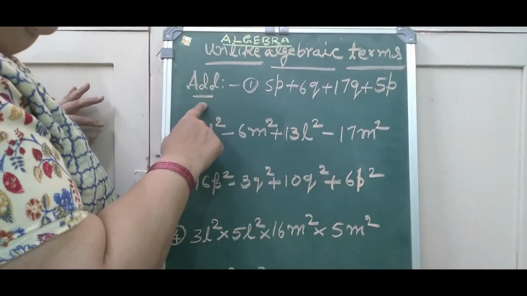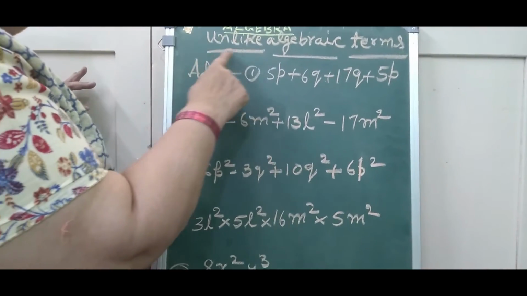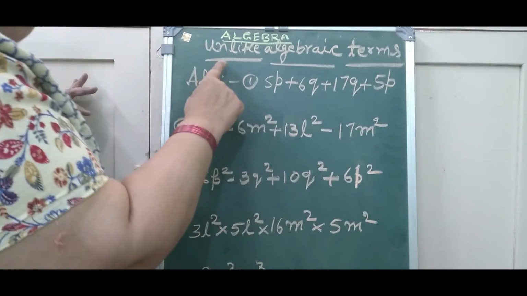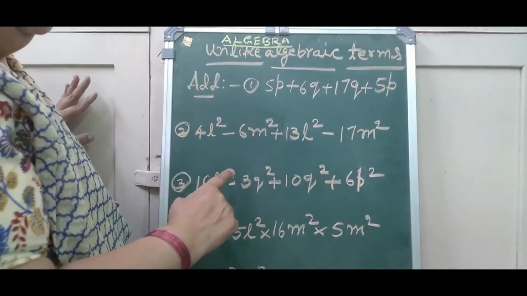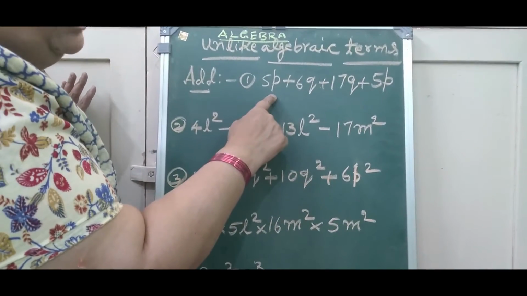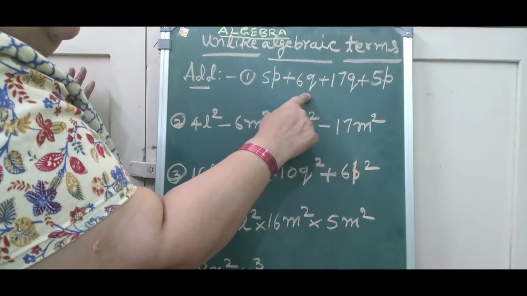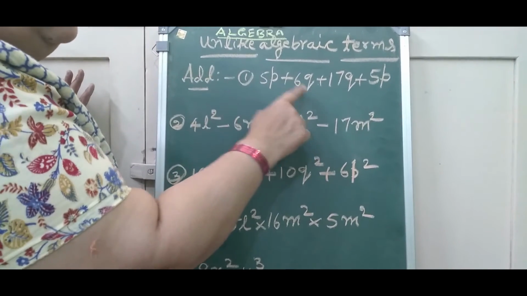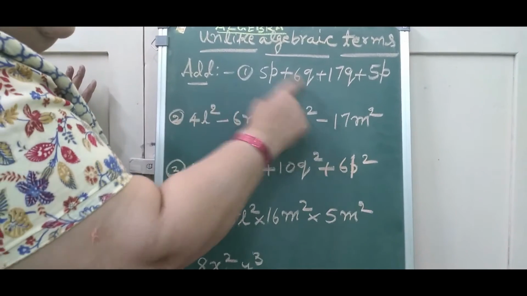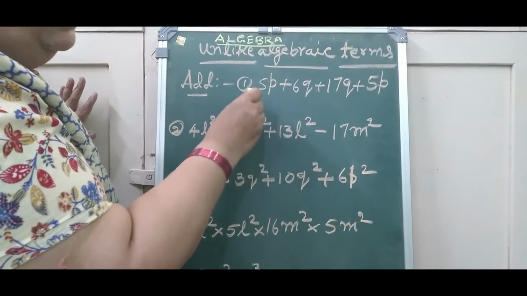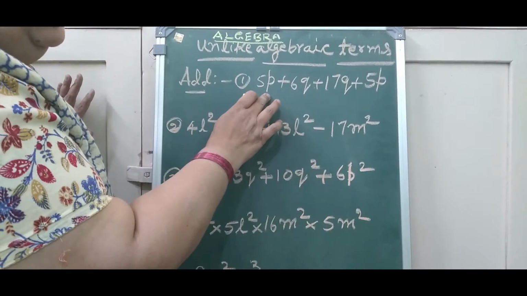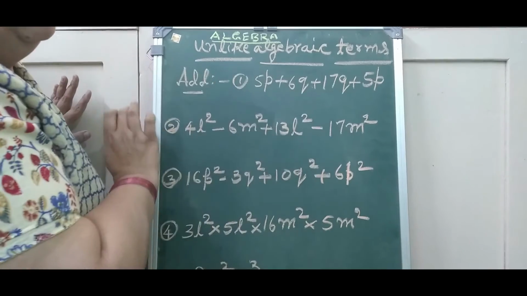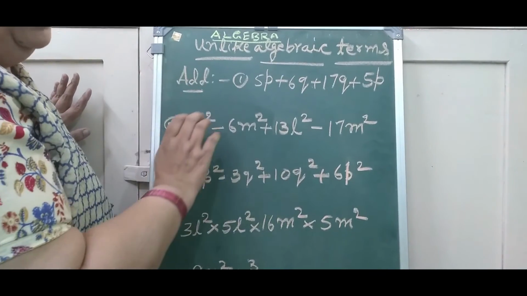See here the first example, unlike algebraic terms. The word itself you can understand. See here I have written 5p and 6q. P and q are different algebraic terms or algebraic letters. So here you can distinguishedly see P is there, again Q is there, so both of them are different.